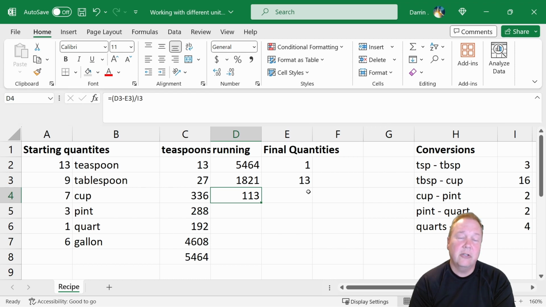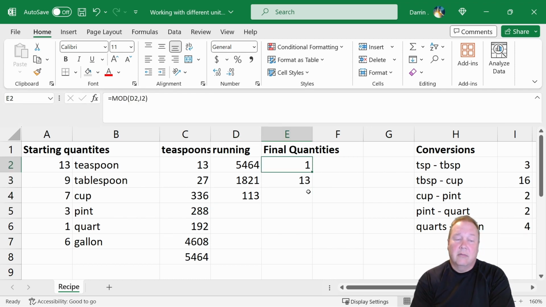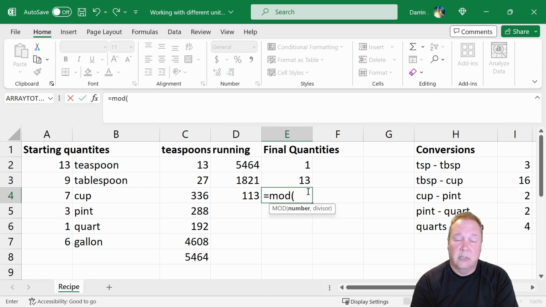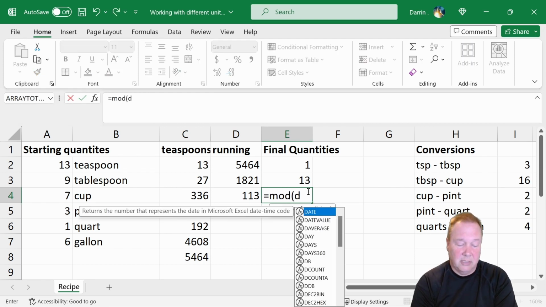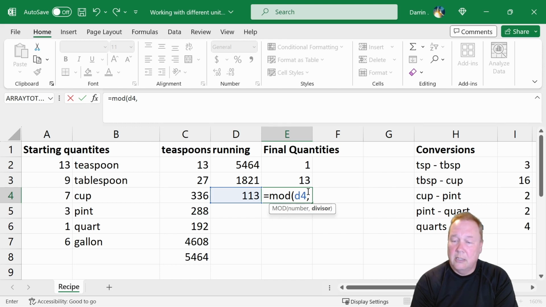So now this gives me 113 cups. So I have 1 teaspoon, 13 tablespoons, and 113 cups. I don't want to pour 113 cups in. Let's keep going, which is obviously modulo of D4 and 2 cups per pint.